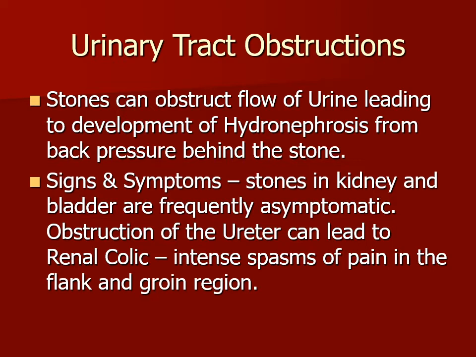And renal colic consists of intense spasms of pain in the flank area and radiate to the groin region until the stone passes or is removed. The contraction of the ureter causes the pain in attempt to force the stone out. May also cause nausea, vomiting, cool, moist skin, rapid pulse. X-rays can confirm the presence of the stone.